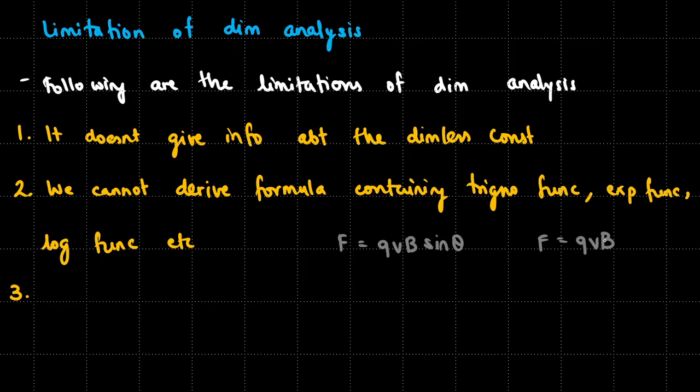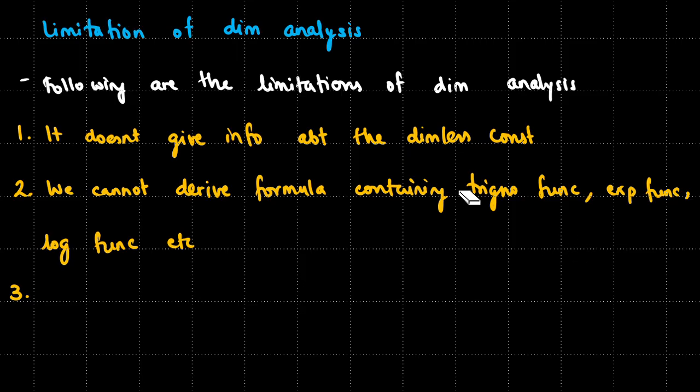Since q has a dimension, v has a dimension, B has a dimension, but since sine theta does not have a dimension, you won't get sine theta in your result, which is actually wrong. Actually you will get k over here, but k is a constant. In this case the k should be 1, and it's not sine theta because k is a constant and sine theta is something that changes. So that's what I'm trying to say.